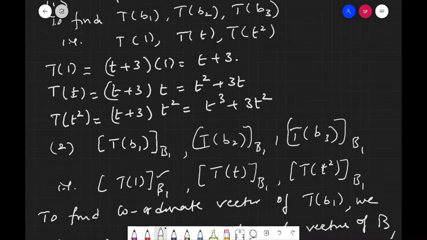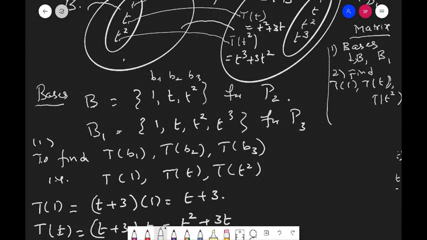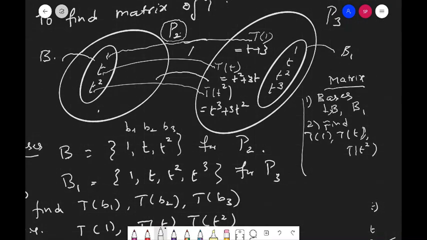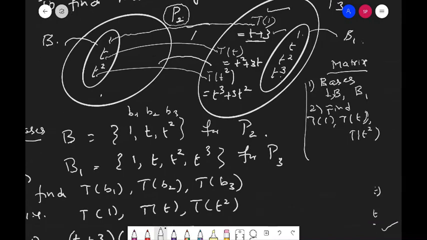So to find the coordinate vector of T of 1, you have to express this T of 1 as a linear combination of elements in B1. What are the elements in B1? 1, t, t square, t cube. So t plus 3, you should write as a linear combination of these. And t square plus 3t also as a linear combination of these. And t cube plus 3t square also as a linear combination of these. This is what we have to do now.